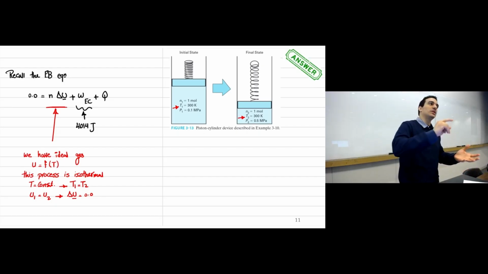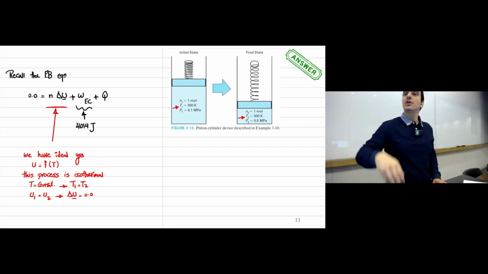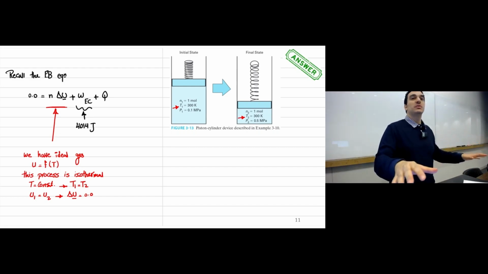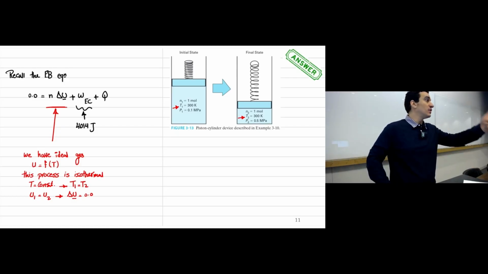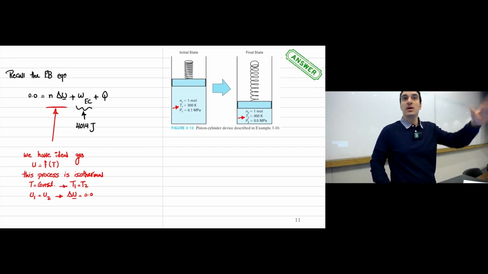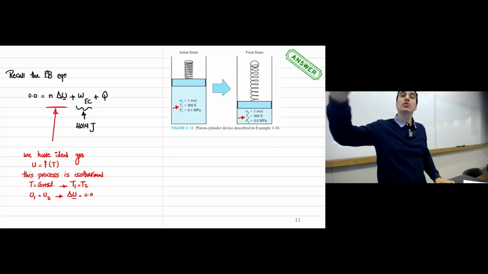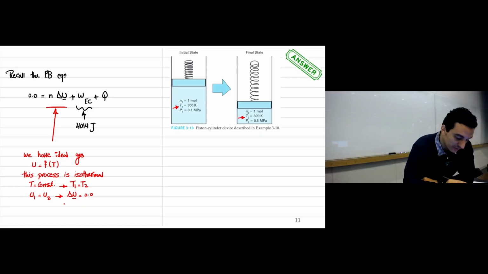So you know that for ideal gas, CP is CV plus R. So you will waste a lot of time calculating something that, if you just see what is mentioned in the problem, you can know at the end will be 0. Whatever integration you are doing, we will end up with no change in the internal energy, because this process is for ideal gas and this process is isothermal. And for ideal gas, internal energy and also enthalpy are functions of only temperature. So based on this, I can cancel this term.